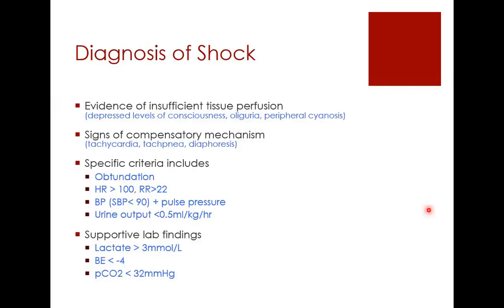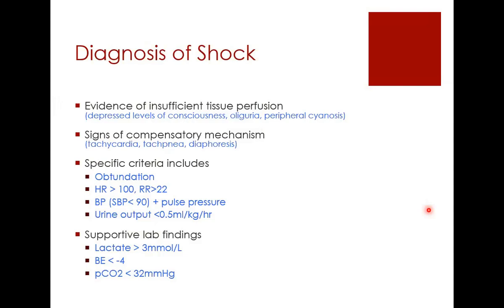So you already know the 4 types of shock. Why is it important? Because we need to know how to tackle it, with management according to their pathophysiology. So is there any way for us to know whether a patient is in shock? The exact answer is no, but clinically we need to look carefully for evidence of insufficient tissue perfusion.